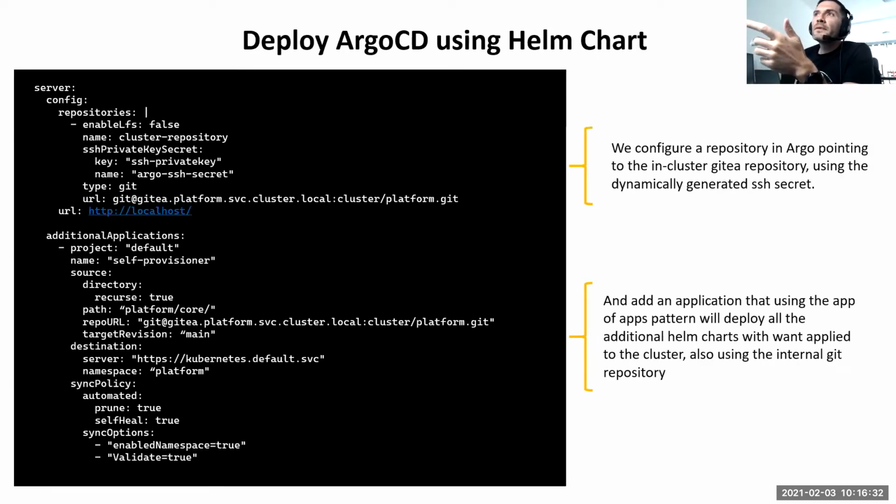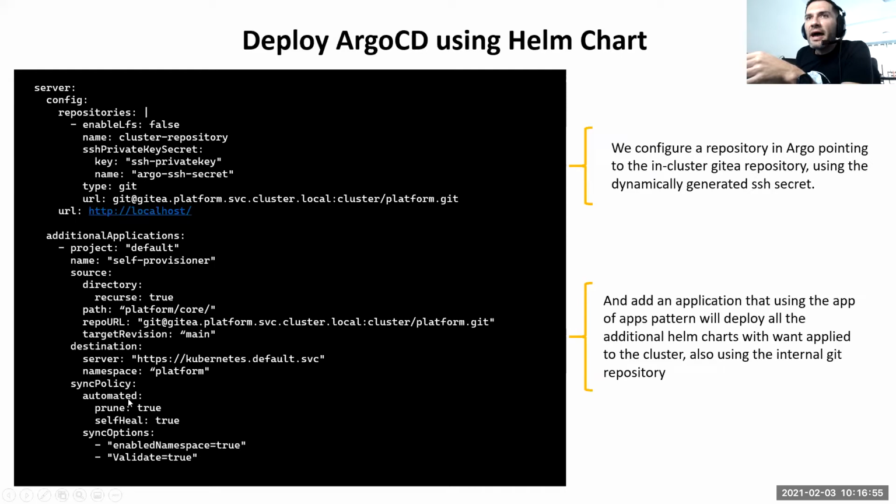We basically bootstrap. We're using the Argo Helm to deploy Argo. So when we deploy Argo, we say, all right, you're going to use the Git service that is running in the cluster, and you're going to install the following additional applications. We're kind of following the apps-in-apps pattern, right?